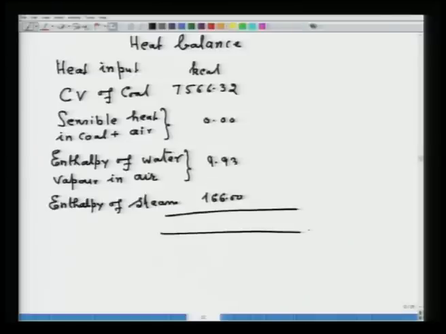So that makes a total of 7742.25 kilocalorie, which is our heat input. Now, let us take a balance of heat output.